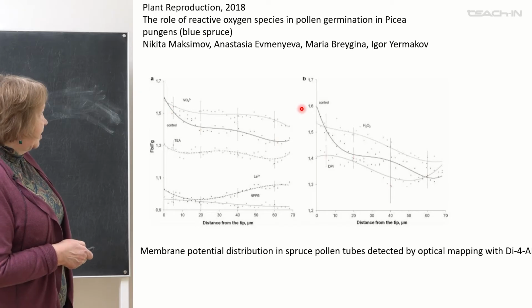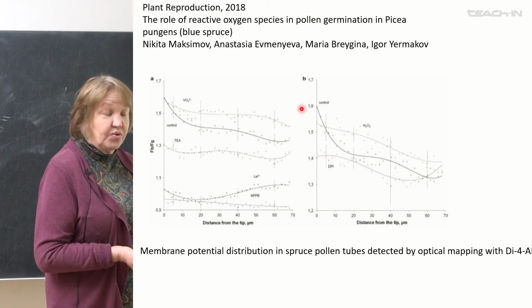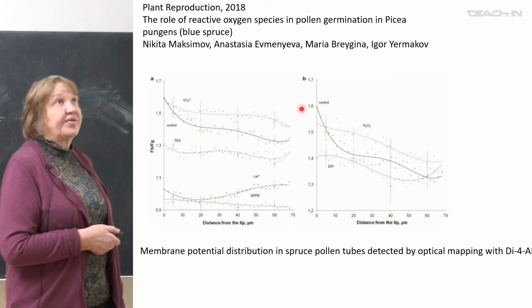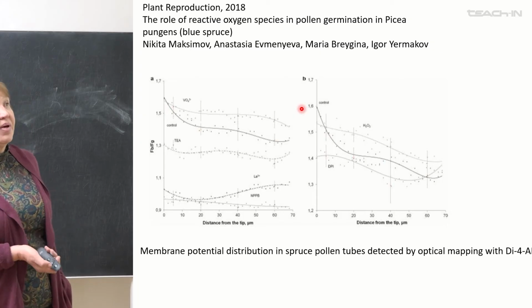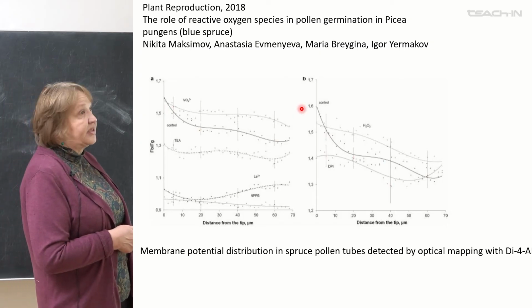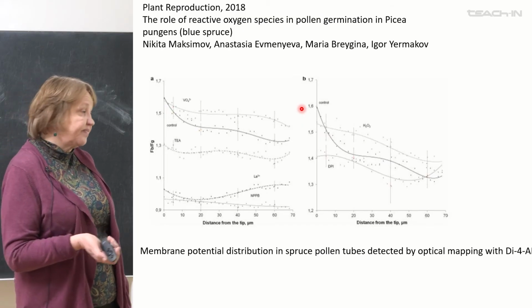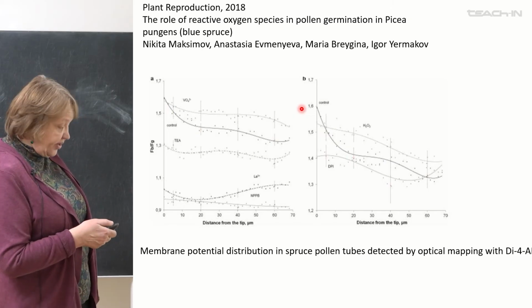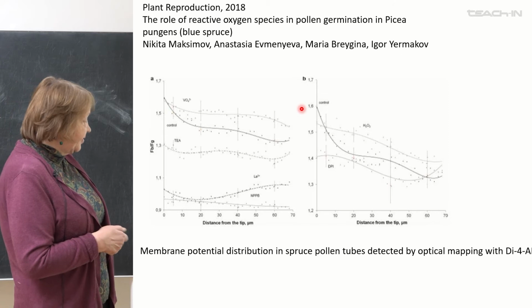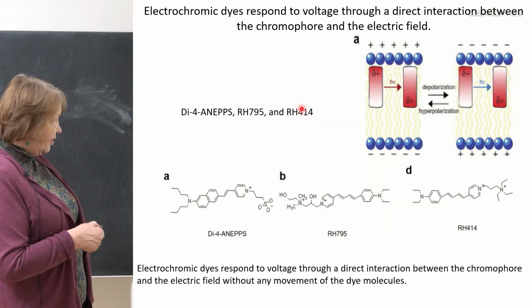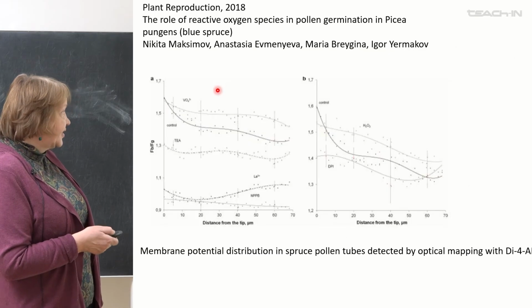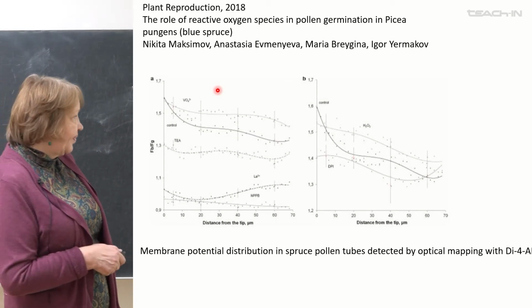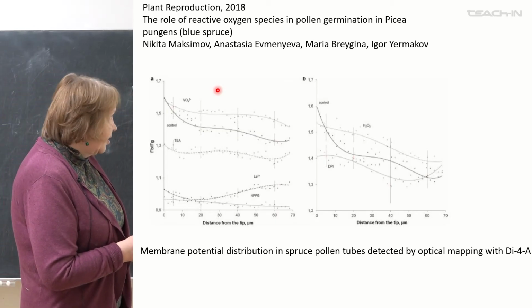I just want you to pay attention to this paper, which was published in 2018 by Maria Bregener and her co-workers. Maria Bregener is a research scientist in our department. Here they used ANEPS, which is this dye, in order to assess membrane potential distribution in spruce pollen tubes.